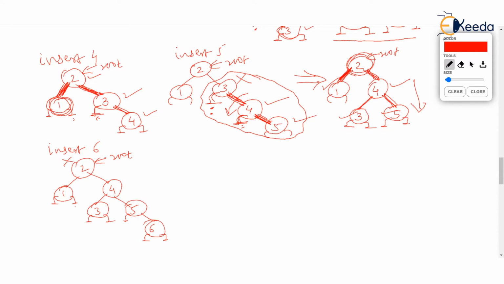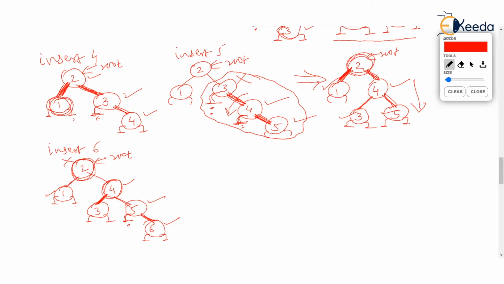Check from bottom level, 6 is balanced. It is leaf. 5 is balanced, just difference of 1 between left and right. So allowed. 4 is balanced because difference of 1 minus 2 levels at the right is allowed. 1 is anyway leaf. All these nodes are balanced, but check the root node now. Check this. 2.